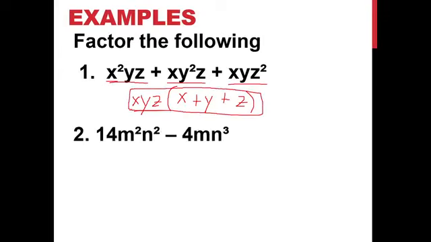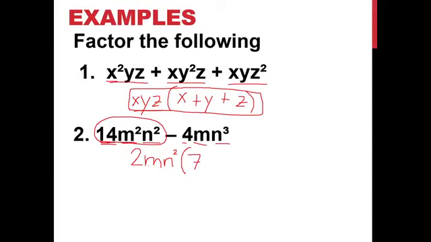Number 2. Okay, 14 and 4, common is 2. Correct. For the variable m, okay, m alone. For the variable n, the smallest exponent, that's squared. So let's do division now. 14 m squared n divided by 2mn squared. So 14 divided by 2 is 7.